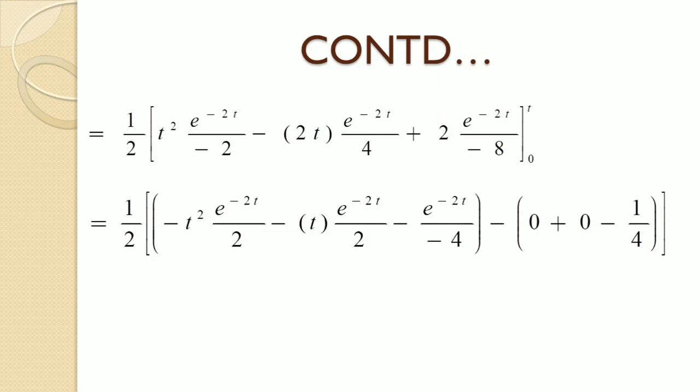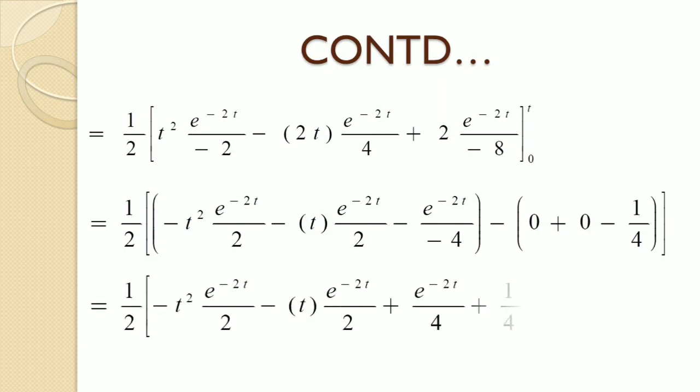Minus applying the lower limit, we get it as 0 plus 0 minus 1 by 4, which is equal to 1 by 2 into minus t squared e power minus 2t by 2 minus e power minus 2t by 2 into t plus e power minus 2t by 4 plus 1 by 4.